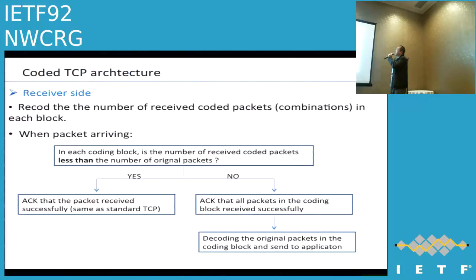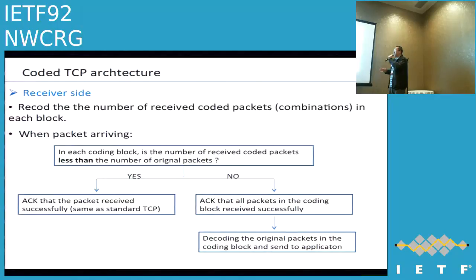This is the process of the coded TCP architecture. We record the number of the received coded packets in each coding block, and the receiver checks whether the number of the received coded packets is less than the number of the original packets. If yes, the receiver acknowledges that the packet is received successfully.